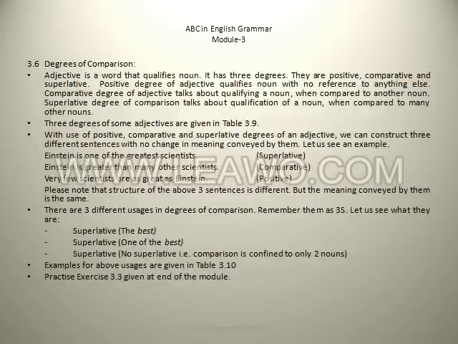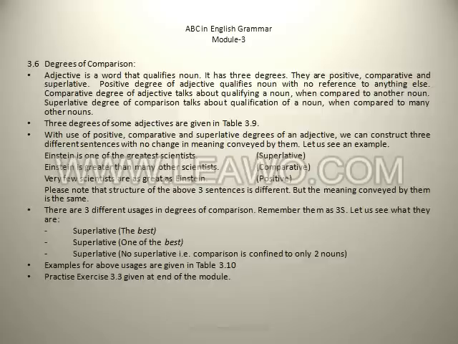3 degrees of some adjectives are given in table 3.9. With the use of positive, comparative, and superlative degrees of an adjective, we can construct 3 different sentences with no change in meaning conveyed by them. Let us see an example.